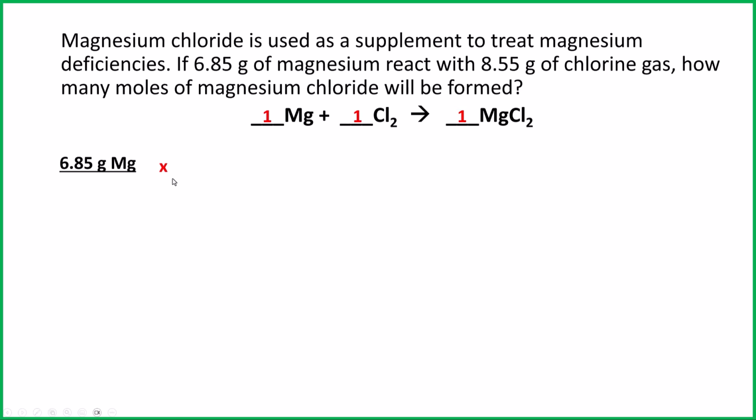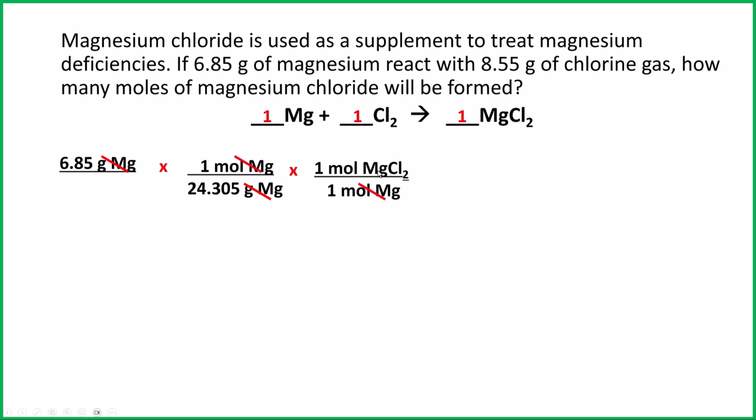Okay, so we are going to use the molar mass here of magnesium. 24.305 grams per mole is the molar mass of magnesium, and that leaves us with moles of magnesium. We're going to use our mole ratio, 1:1 here. So 1 mole of magnesium on the bottom so that we can get rid of it over here.